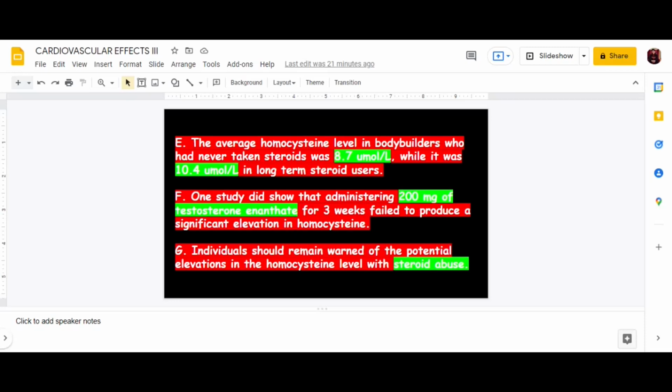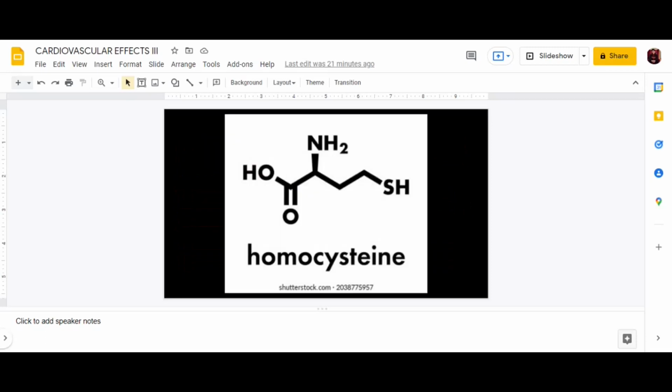So if we use anabolics within the limit, then maybe it will not elevate the level of homocysteine, but individuals should remain warned of the potential elevations in the homocysteine level with steroid abuse.